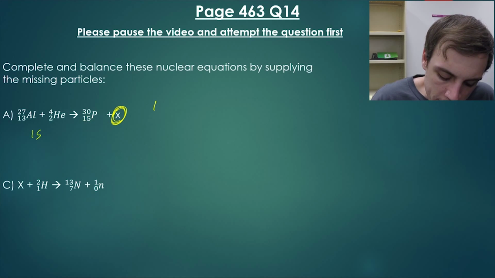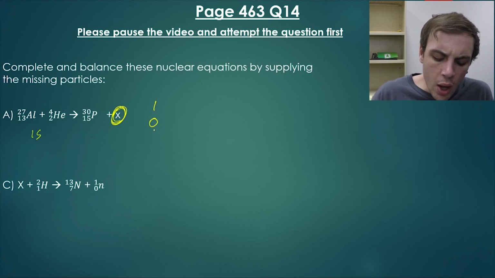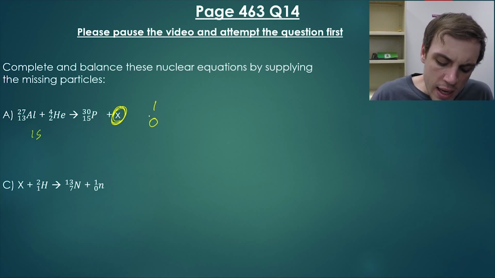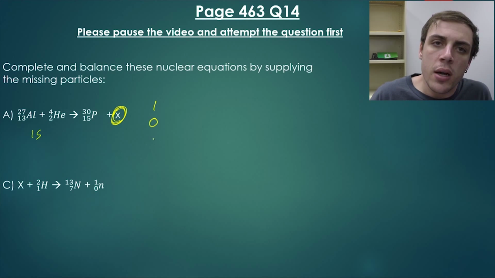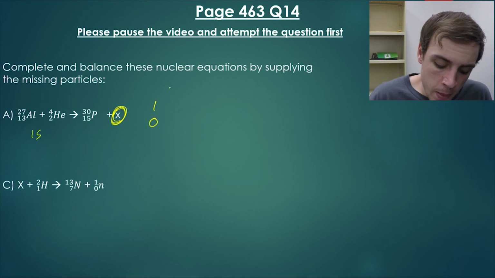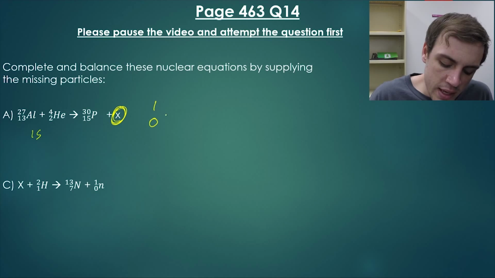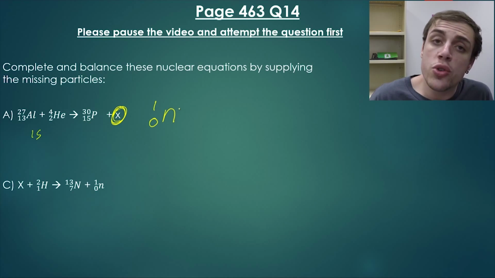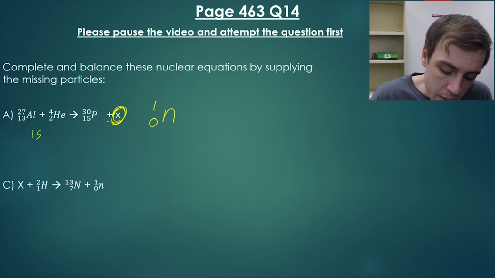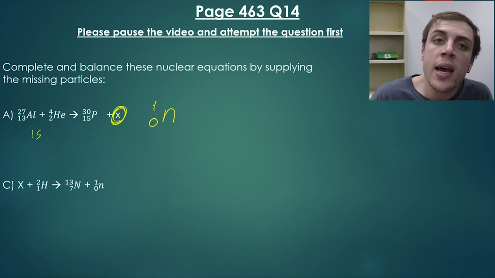But here we have 15 as well, so that means this is 0. So if we have 1 in the atomic mass and 0 in the atomic number, the atomic mass is protons and neutrons, whereas the atomic number is protons only. So this is a neutron. And that is our missing particle here, it is releasing a neutron.